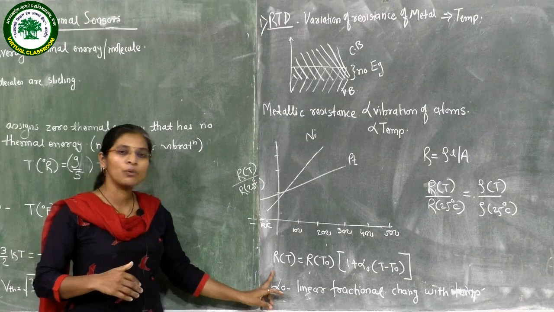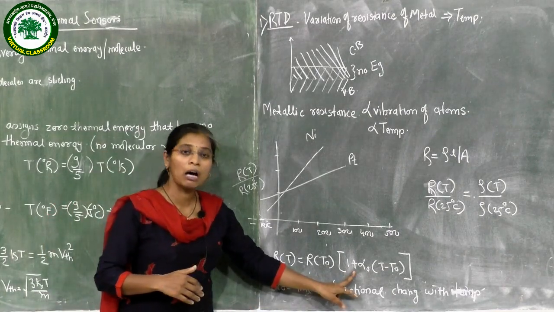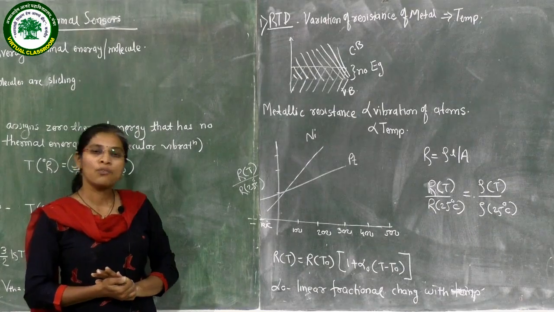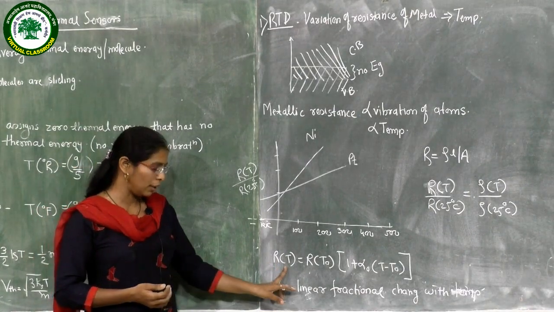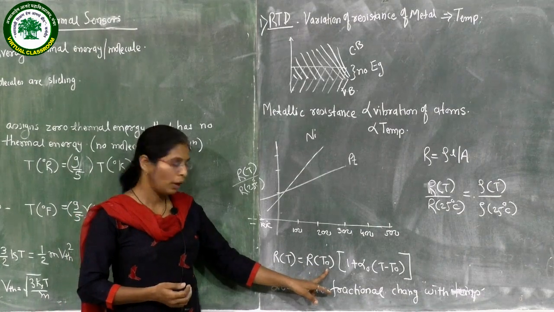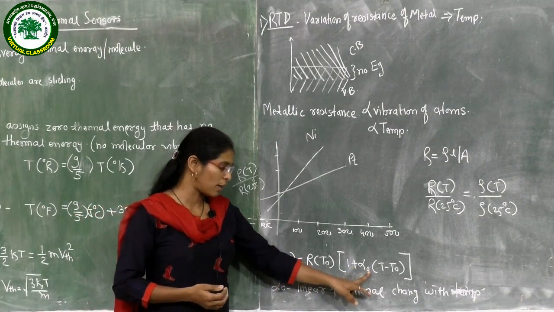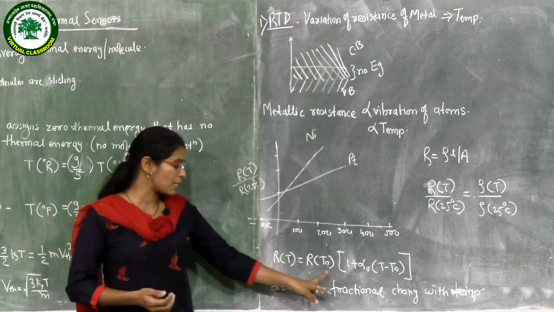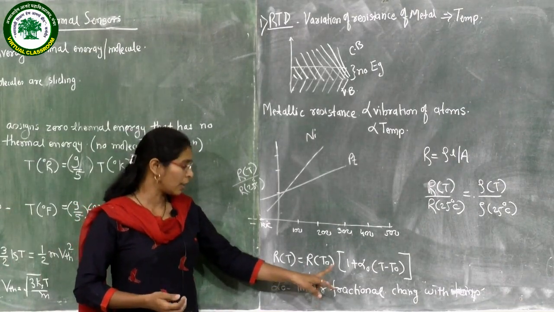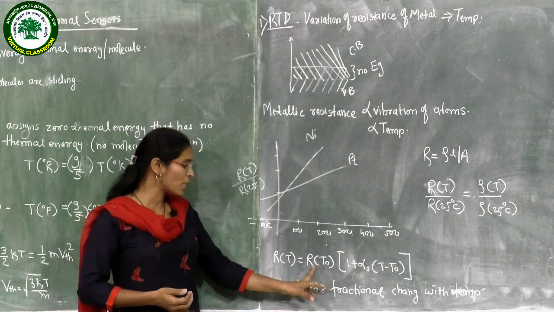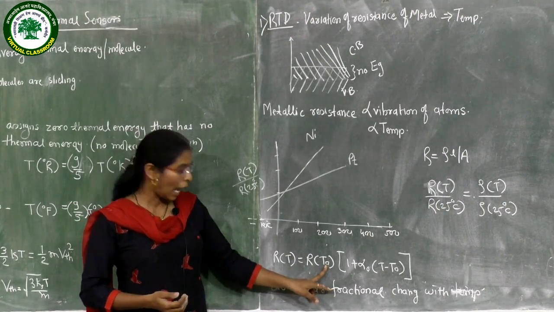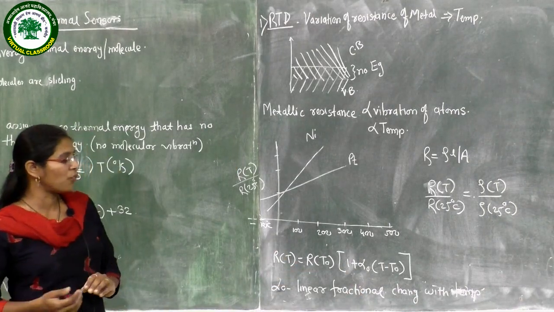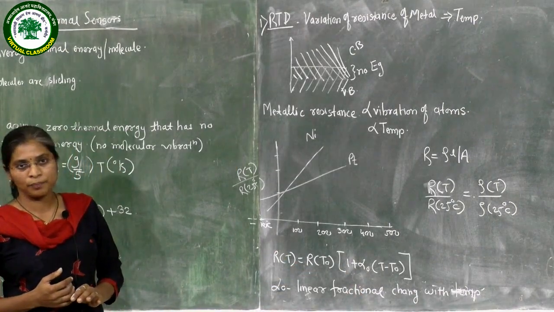Let us see how resistance and temperature are related under the heading of linear approximation. For linear approximation, RT equals RT0 times (1 plus alpha 0 times (T minus T0)). Here RT0 is the resistance at the temperature at which it is known to us, and alpha 0 is a constant, the linear fractional change with temperature.